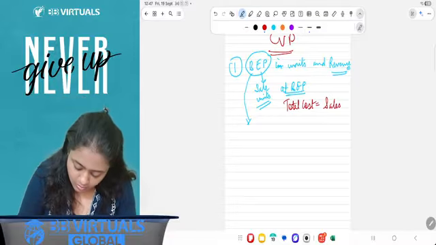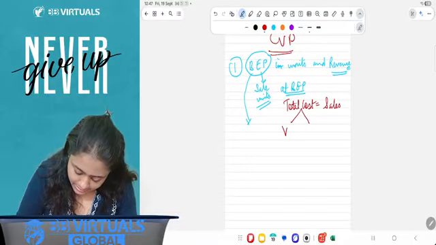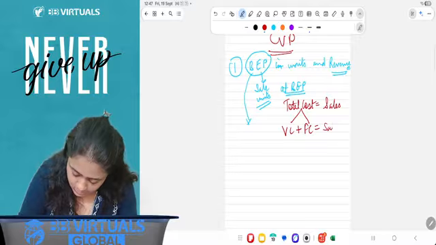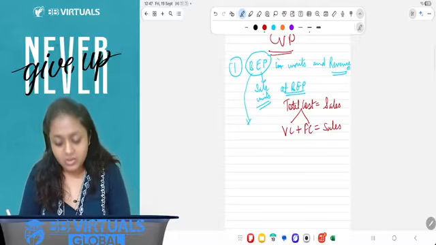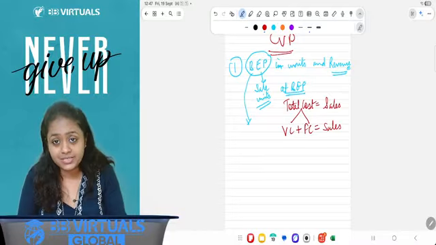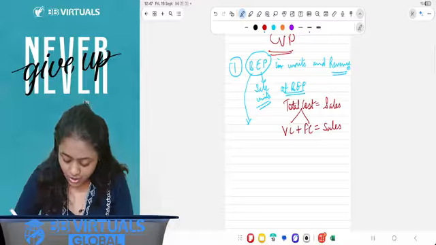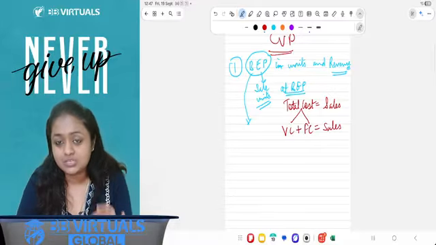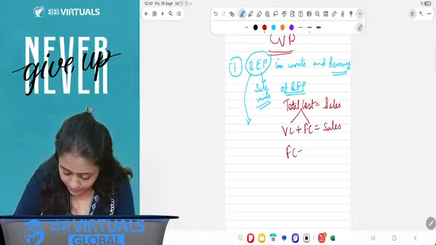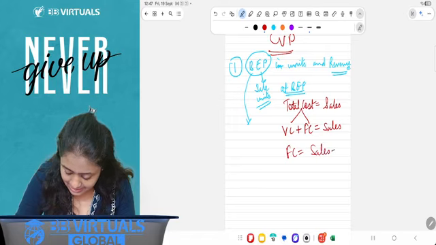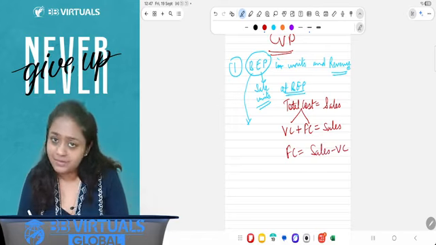Can we divide total cost, break it up? So I can say variable cost plus fixed cost is equal to sales. Okay, now I need to calculate the units. So I'm just telling you how the formulas are derived. Now if I keep fixed cost at one place, I can say that sales less variable cost, correct?